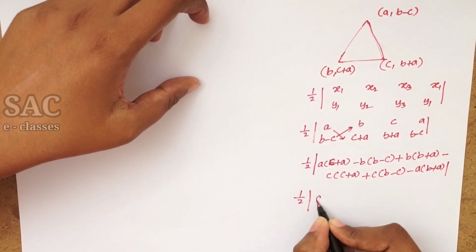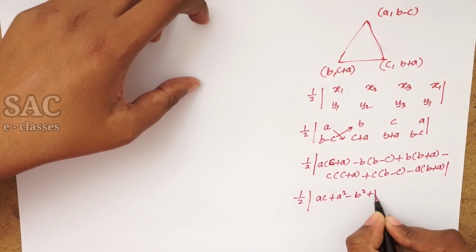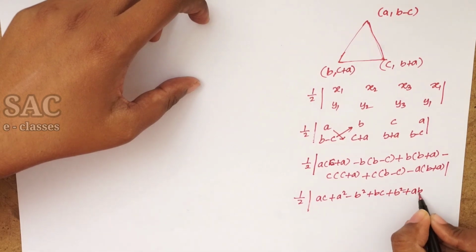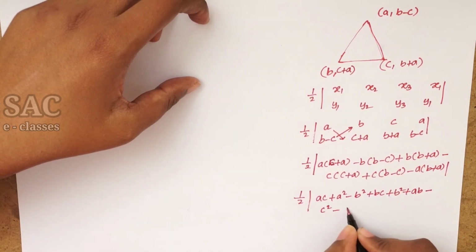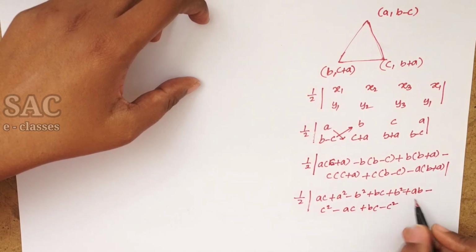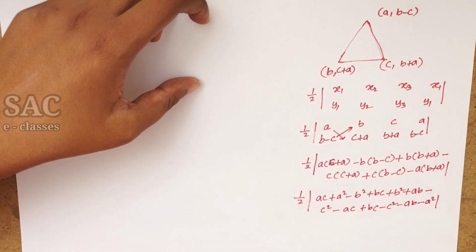Half into AC plus A square minus B square plus BC plus B square plus AB minus C square minus AC plus BC minus C square minus AB minus A square. Any cancellation here?